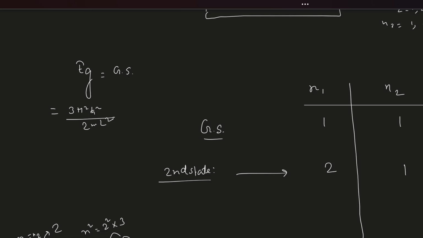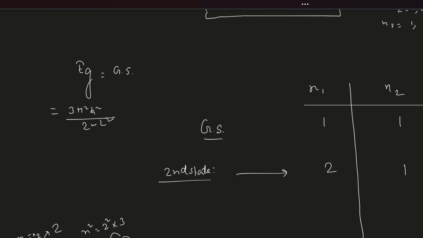If this is your Eg, the ground state energy, then the next excited state is basically 3 into 2 is 6, so this is 2 times Eg.